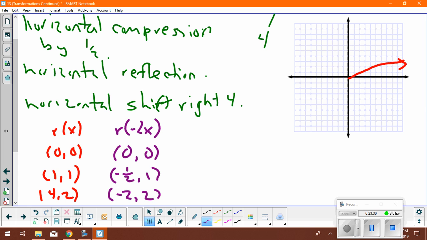The remaining transformation is the horizontal shift. So r of -2x minus 4.